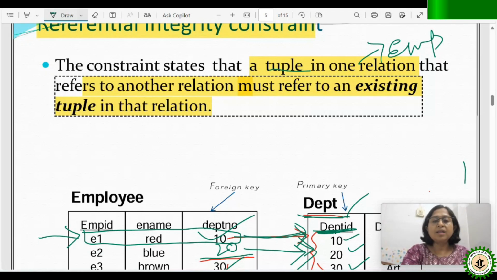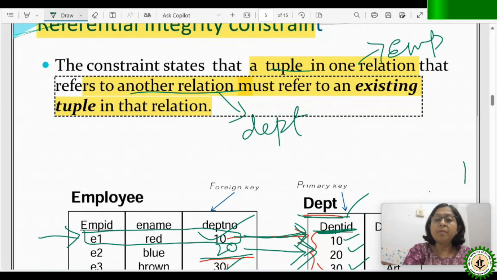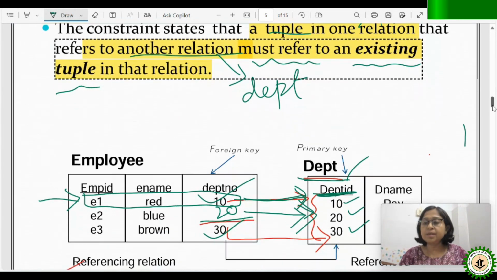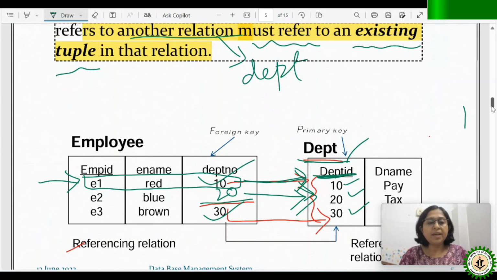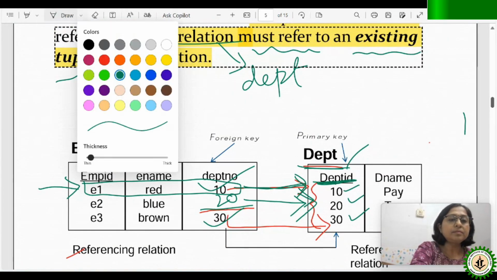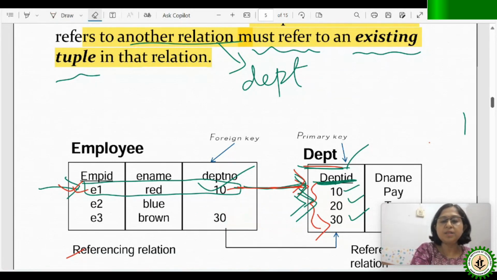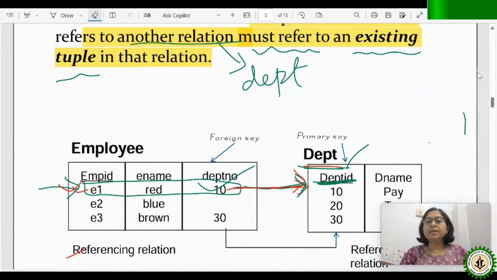That refers to another relation. Which relation is it referencing? It is DPT. It must refer to an existing tuple. Definitely, we have just discussed this. That is, employee ID E1, this tuple, the whole row, is referencing an existing tuple only. Yes, that has to be. So that is what it is saying.